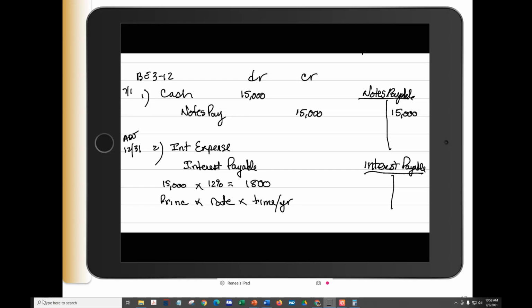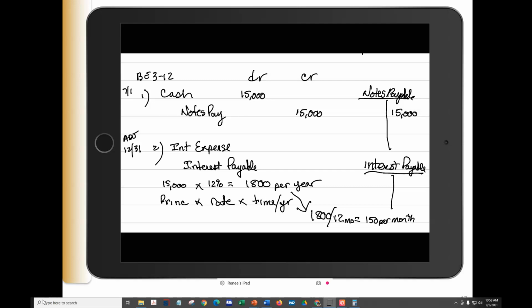That's a year's worth of interest per year. I want to take the 1,800 and divide it by 12 months. Equals 150 per month. This is the procedure you should always use to calculate interest.